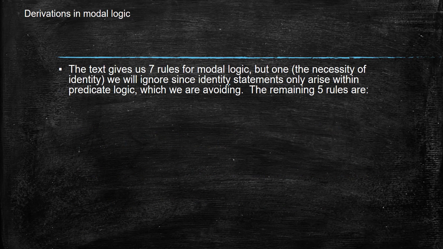So the text gives us 7 rules for modal logic. But one, the necessity of identity, we will ignore for now, since identity statements only arise within predicate logic, which we are going to avoid for a bit.